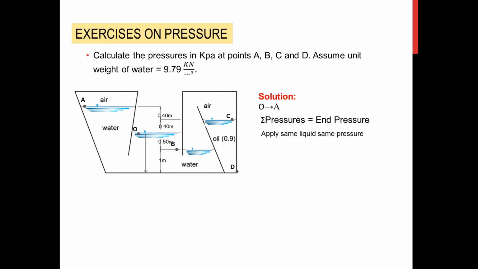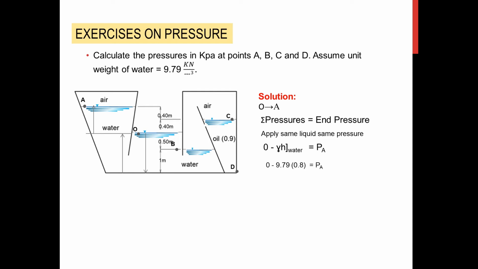Because as we go down, that is positive gamma H, we go up still with the same level and the same gamma. So it will just cancel out. Therefore, we are on this level. And from that level, we can proceed writing the equation towards A. So 0, we are now going upwards, minus gamma H of water, that would equate to the end pressure, that is PA.